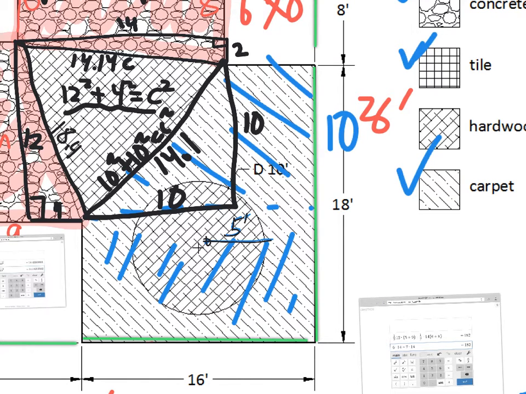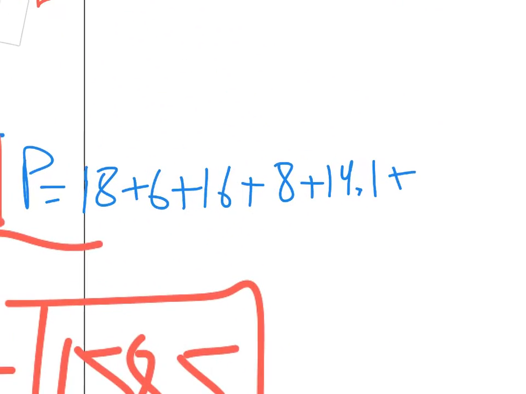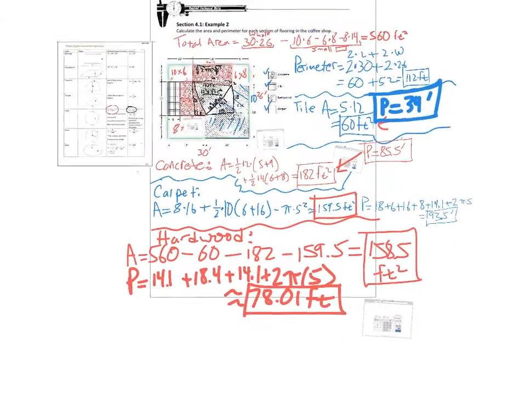And so let's add up all those distances. Here it is here, plus the circumference. Remember, circumference is 2 pi r, okay? And so 2 times pi times 5, and in the end, we get 93.5 feet of trim. Okay, I think we got all our perimeters.